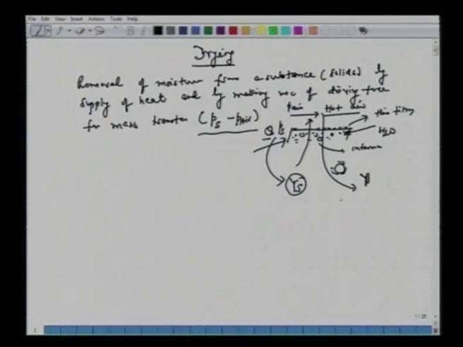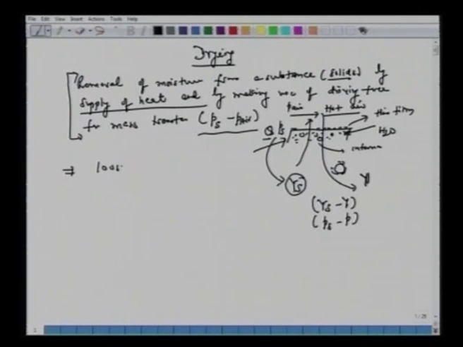So that's the driving force. We can also represent it in terms of Ys minus Y, corresponding to Ps minus Pa. Essentially we have to supply some heat, that's one thing, and we are talking of removal of moisture from solids. And we said that maybe we can note down that this drying has a loose meaning.